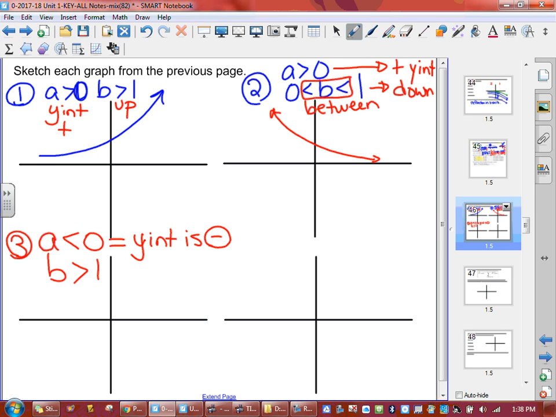No. So it's going to be the opposite. So B bigger than 1 here is actually going to go down. It's going to be a decrease. Okay? The reason it's a decrease is because it's the opposite, because the A is a negative y-intercept. So it's the reflection of the one above. Because it's the reflection, it's going to go down to the right on the bottom half of your graph. Okay? It's going down to the right.